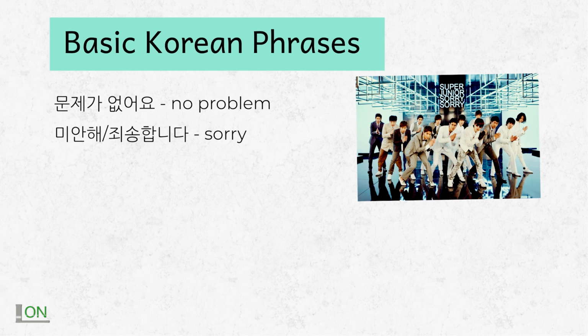As you can see, 미안해 is conjugated here into informal low, and 죄송합니다 is conjugated into formal high. If you want to conjugate 미안해 into formal high, as for now, you don't have to worry about that, because we will learn conjugation in next videos.